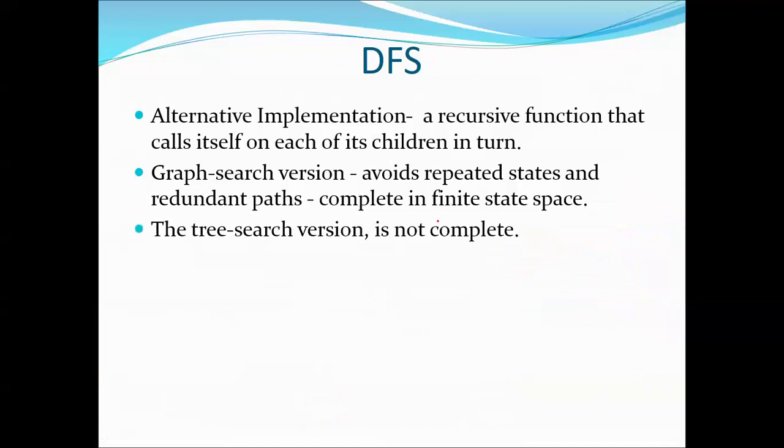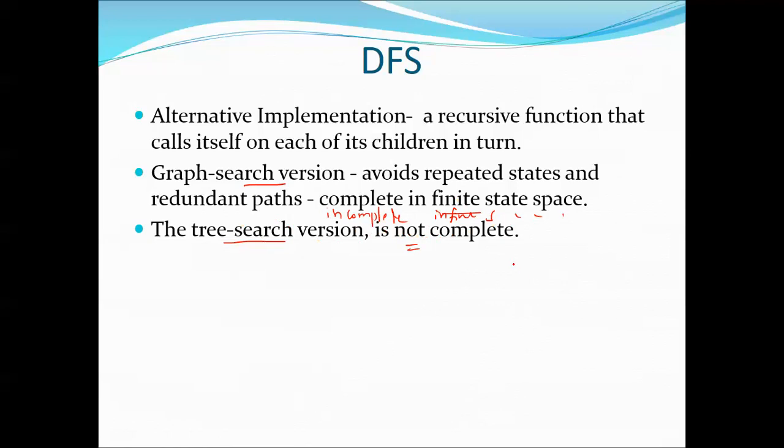The graph search version is complete in finite space, but it is incomplete in infinite state space. But the tree search version is not complete even in finite space, because the tree search algorithm will allow redundant paths.